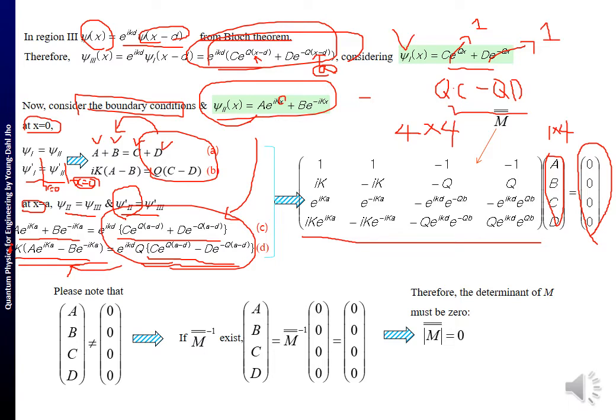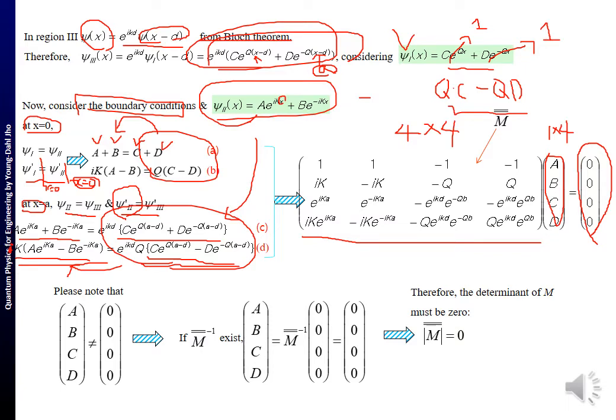So actually, you'll solve more in terms of matrix equations from now on, and this will be a homework problem. Here, please note that A, B, C, D cannot all be equal to 0, because if they are all 0, then the wave function would be 0. It means the electron doesn't exist, so it is physically wrong.